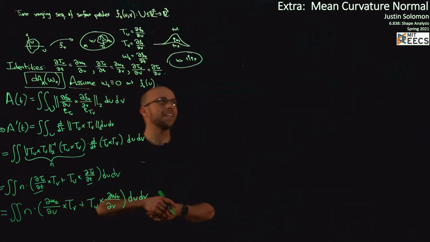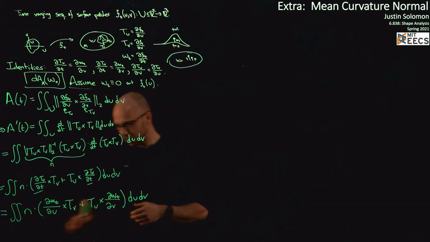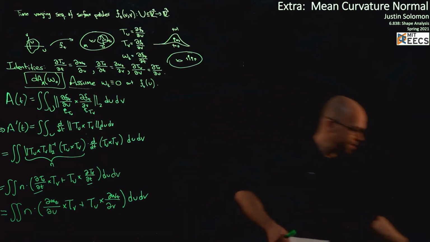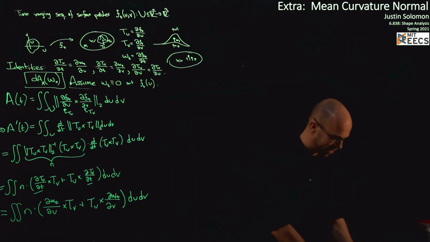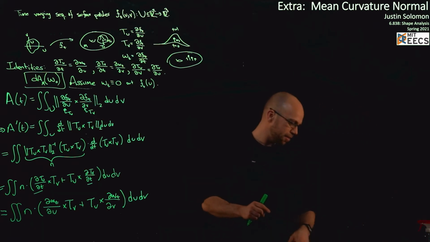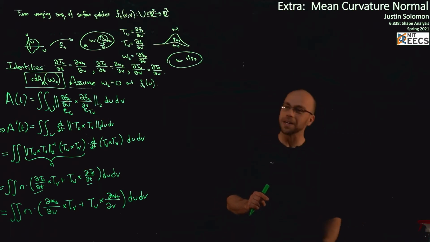Now, we're going to make use of one other useful formula. This is something called the triple product identity. I'm going to move my notes over here. And the triple product identity can be written as follows, and this is just something you can check algebraically.